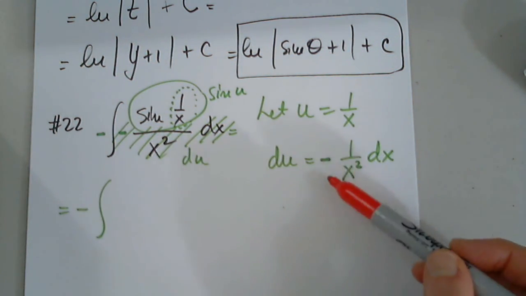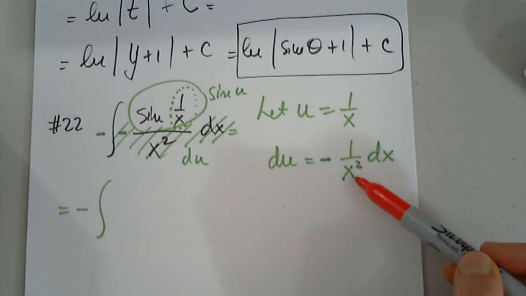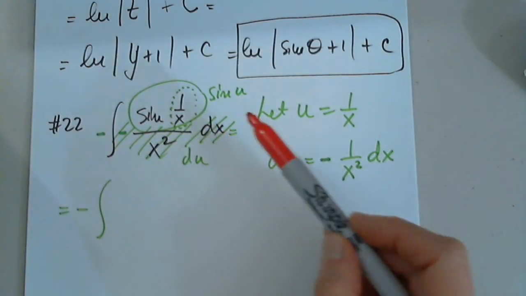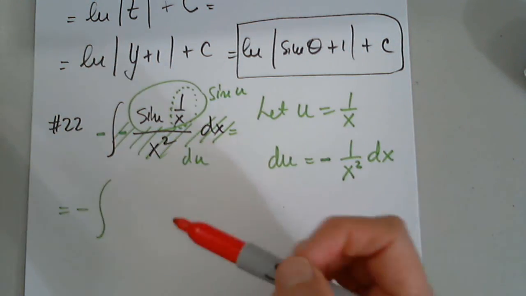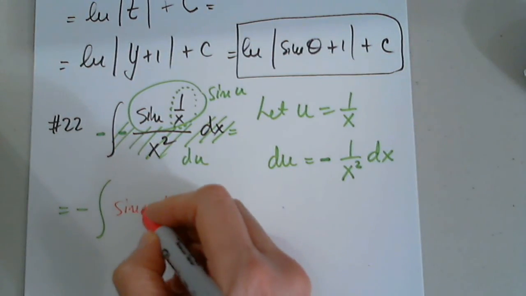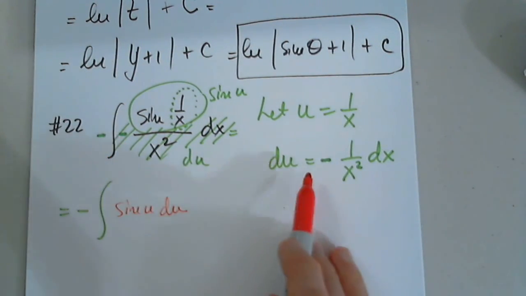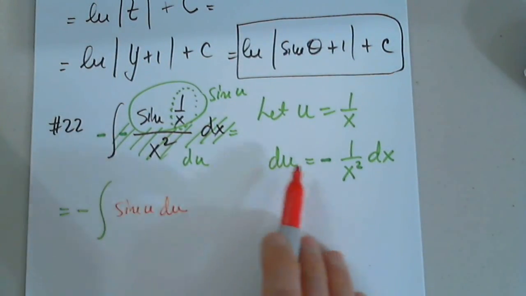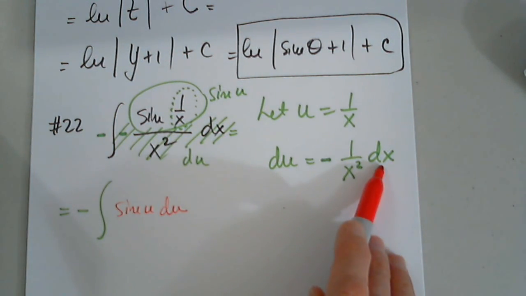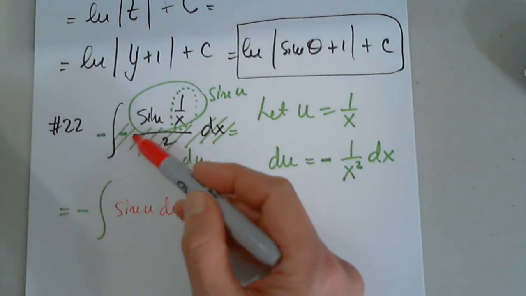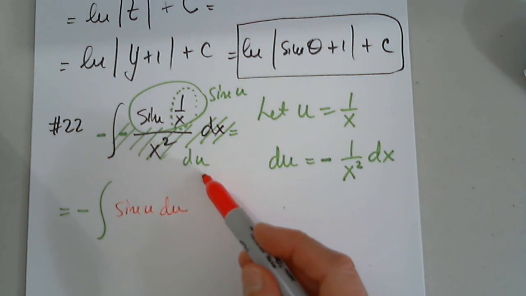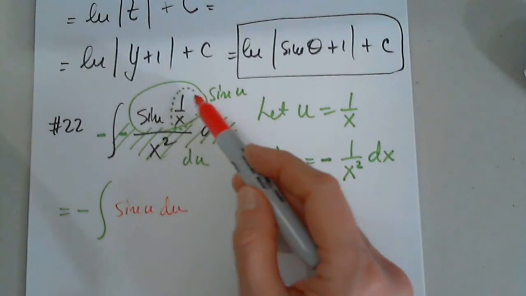There is no over, right? Negative 1 over x squared dx. That is du. And this is sine u. The negative is included. The 1 over x squared is included, and dx is included. That's why I crossed them out. Everything here is replaced by du. The numerator is sine u.